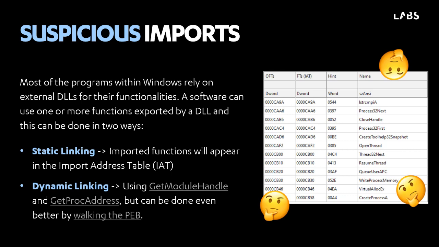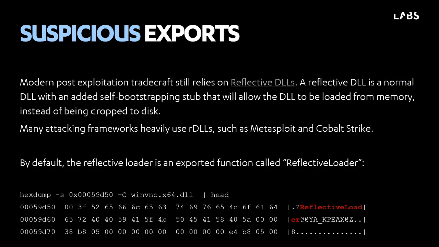For example, here in the screenshot, you can see that the sample was clearly doing process injection, because you can see functions such as QueueUserAPC, WriteProcessMemory, VirtualAllocEx, CreateProcess, and things like that. So quite suspicious. And if you drop something like that on disk, it will raise some flags, certainly for Defender at least.